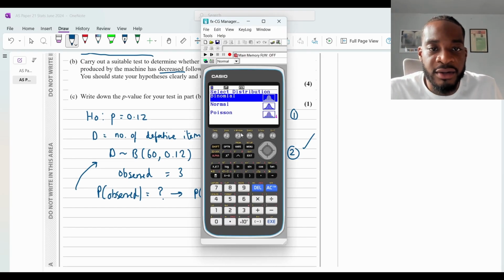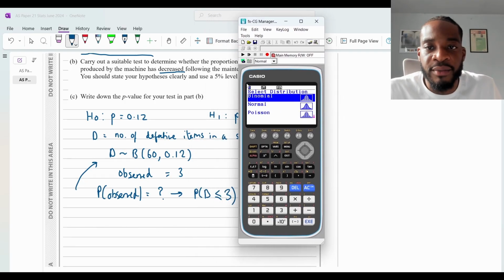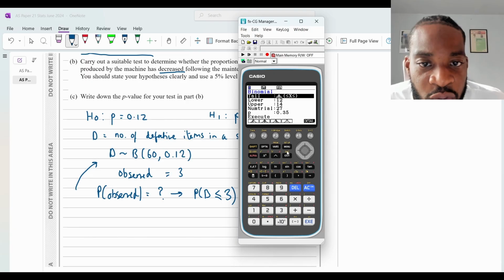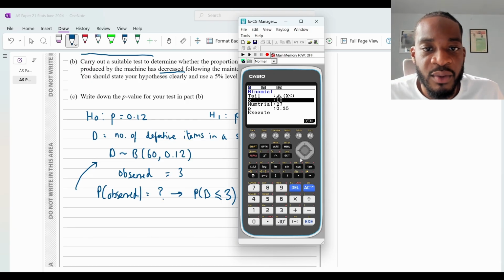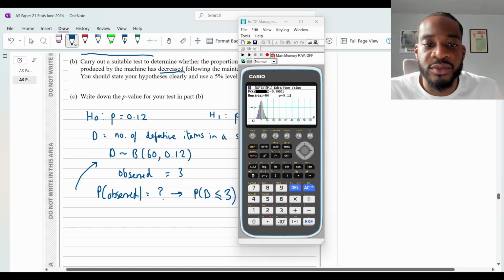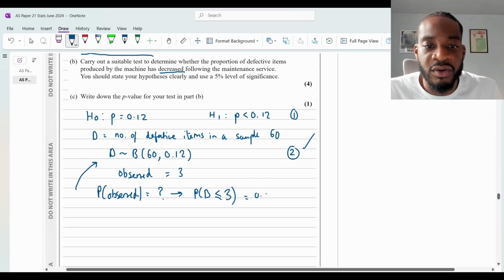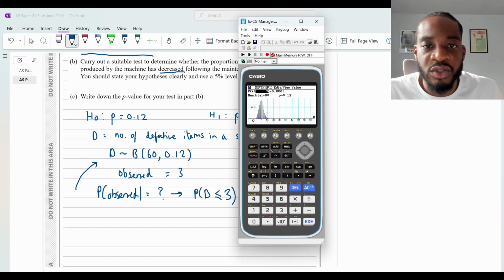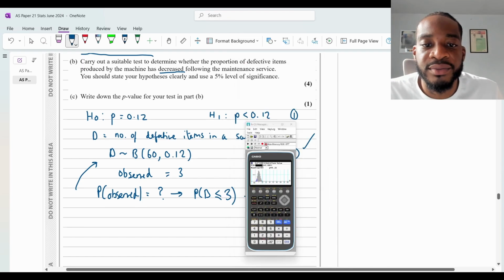So I'm going to get my calculator and go to binomial, execute, and then go to F1, and plug in everything that we need. So we're going to say 3, then N in this case is 60, the probability is 0.12, and we get 0.0601... 0.060.